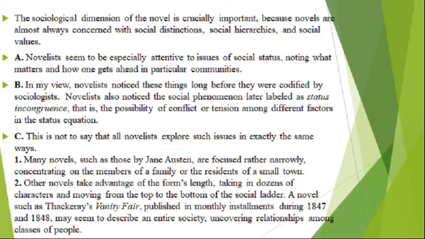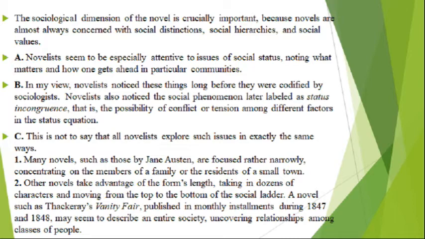Other novels take advantage of the form's length, drawing in dozens of characters and moving from the top to the bottom of the social ladder. These novels may seem to describe an entire society, exploring relations among whole classes of people. A good example here might be Vanity Fair by William Makepeace Thackeray, published in monthly installments during 1847 and 1848.